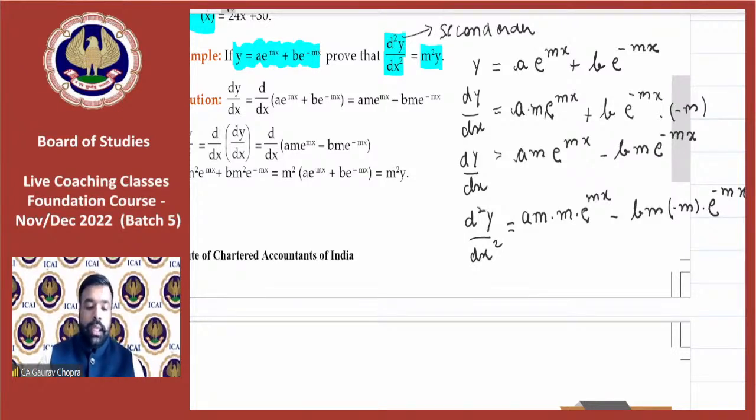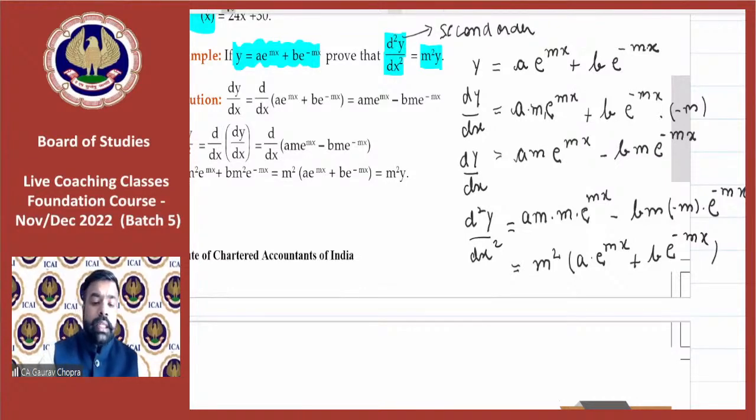Now let's see what is common in both of them. m square is common, and now we are left with a e to the power of mx plus b e to the power of minus mx.